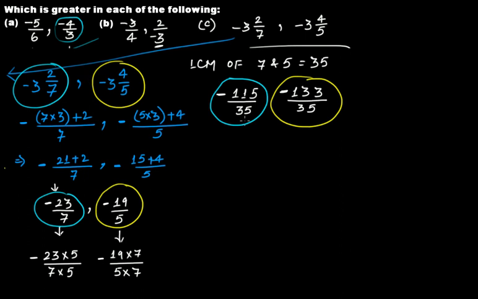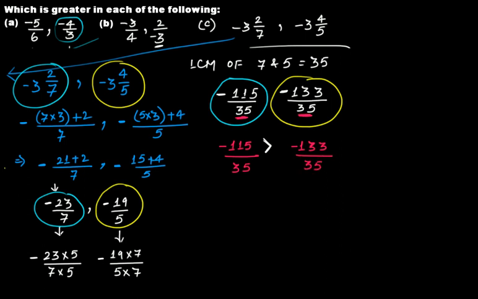Right? Now, denominators are the same, so simply compare the numerators. The numerator is minus 115 and this is minus 133. Clearly, minus 115 is greater than minus 133. Therefore, this fraction will be greater than minus 133 over 35.